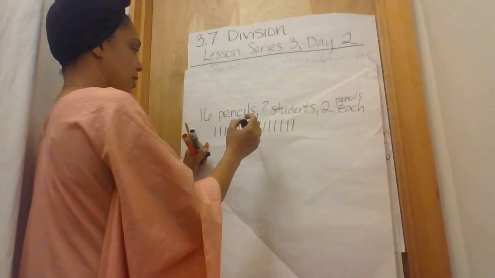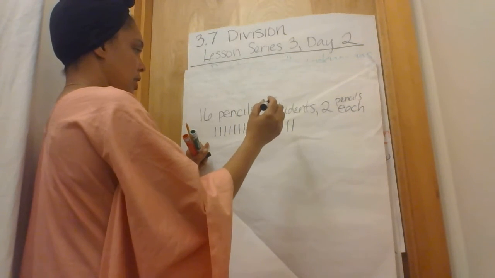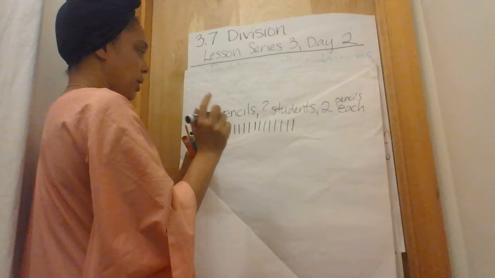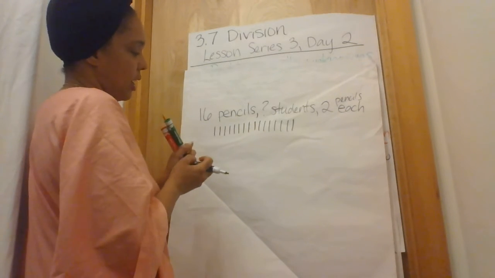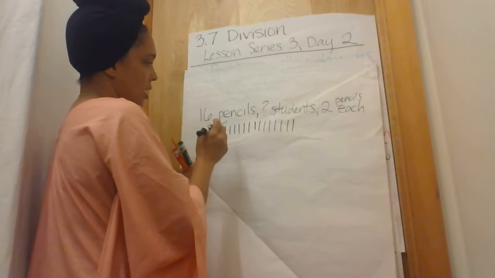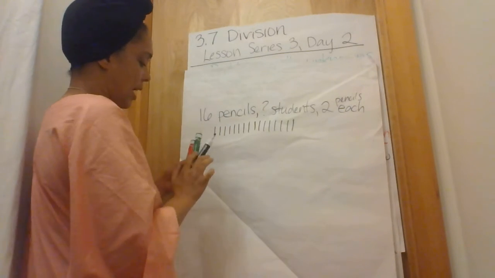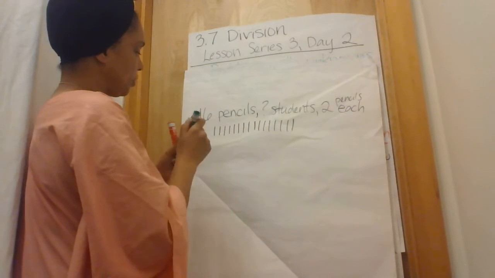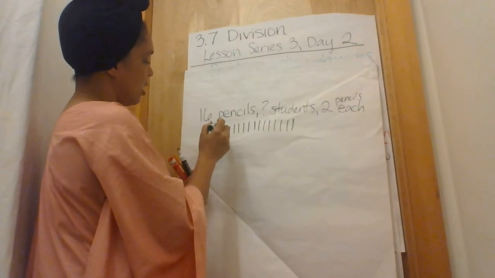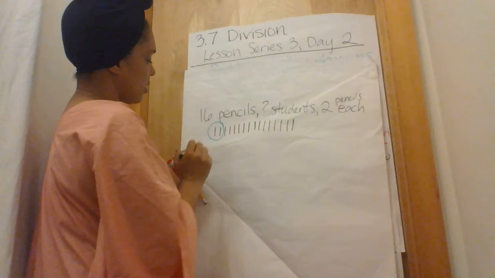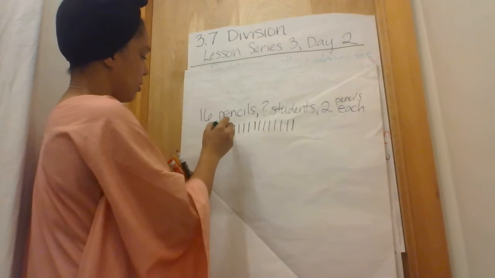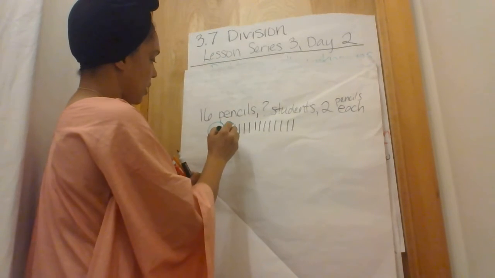I know that each student should be getting 2 pencils each. So I can look at that as a grouping. If I have 16 here, I know that 2 pencils each, I'm going to use my green marker here. There's 2 pencils for that student. Let's just keep grouping in equal groups.